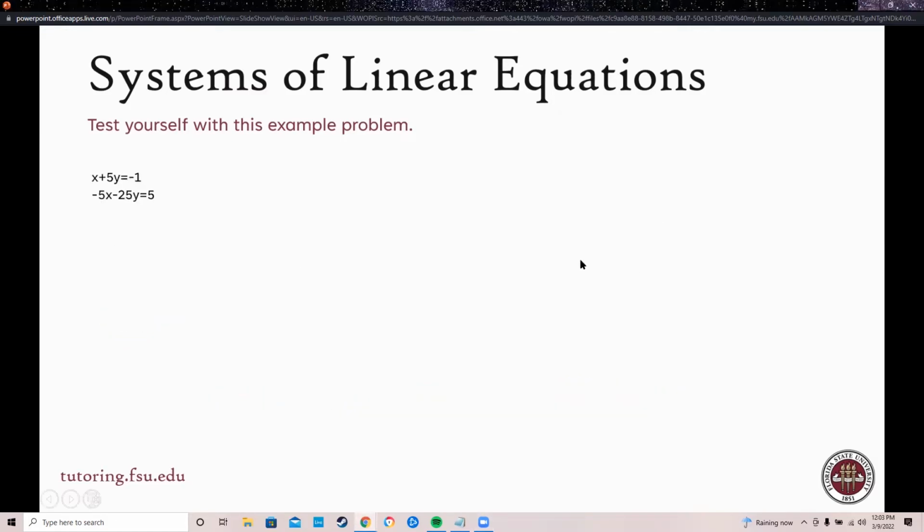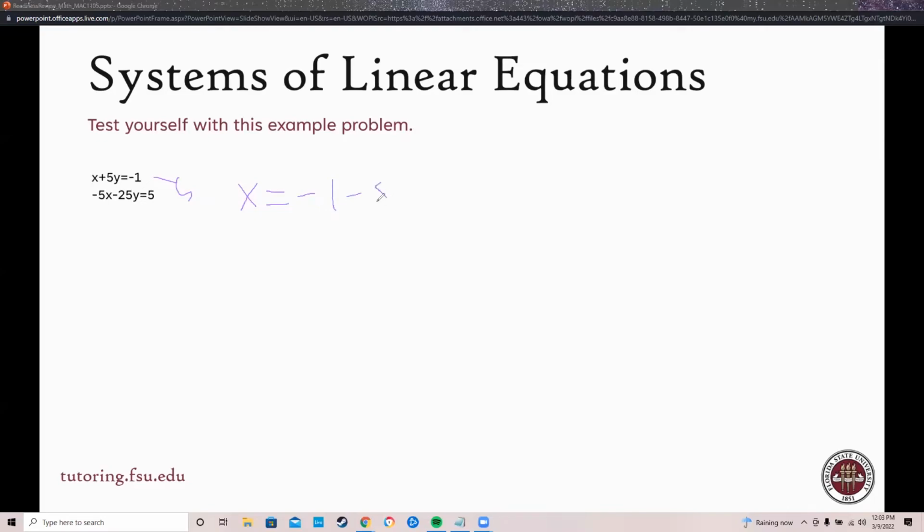All right. So the first example, we had solutions for our set of equations. The next example, we had no solutions for our set of equations. Let's see what this example is going to give us, if there's any other type of set of solutions to these. So if I'm solving for x, I get x is equal to negative 1 minus 5y.